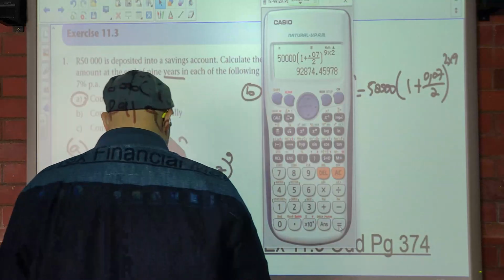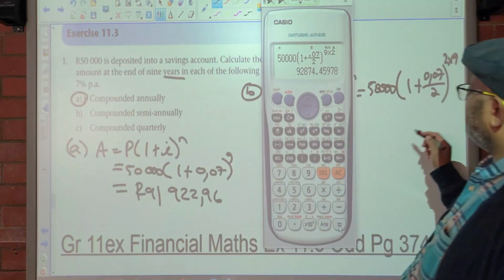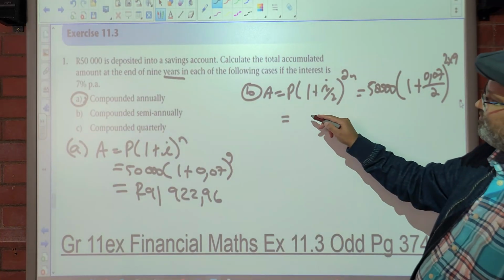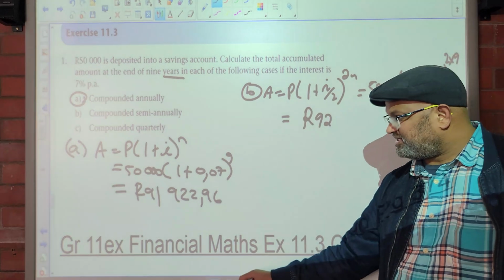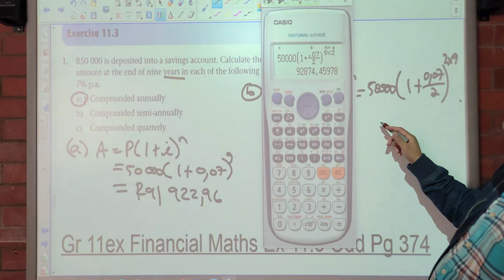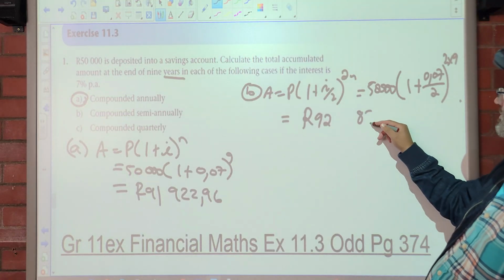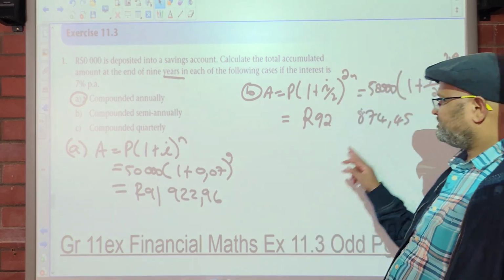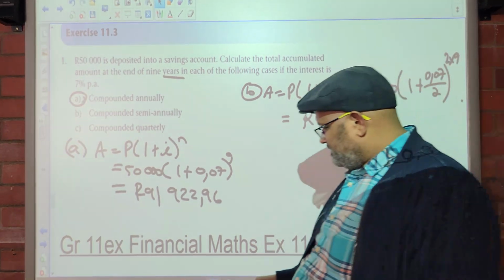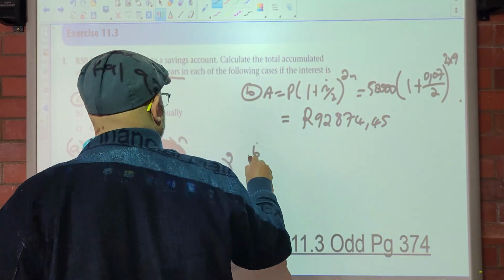It gives you 92,874 rand and 45 cents. As you can see, it's a bit more than A, because it's compounding more often. Okay, let's look at C.